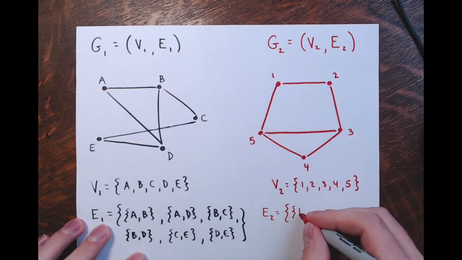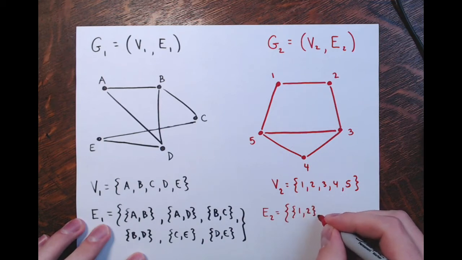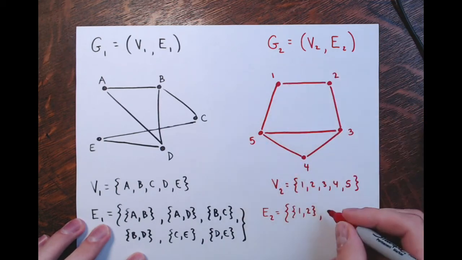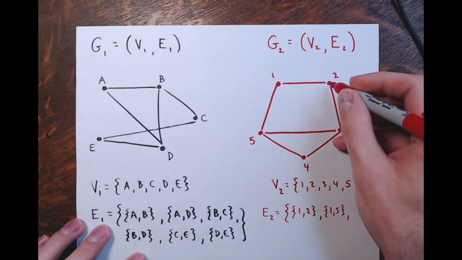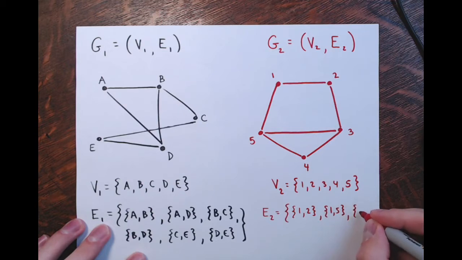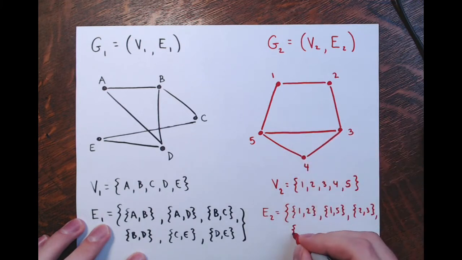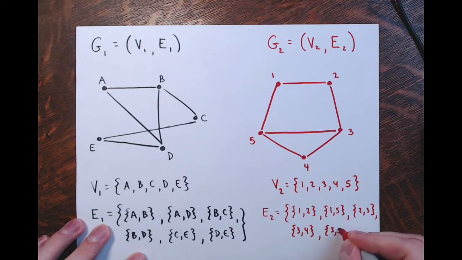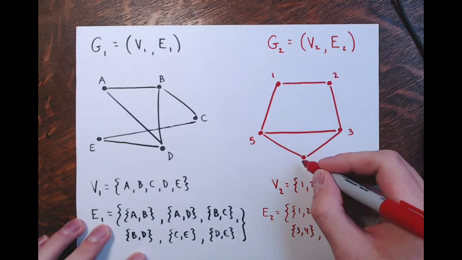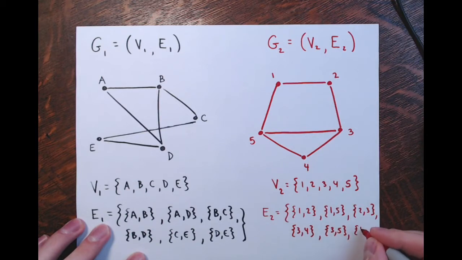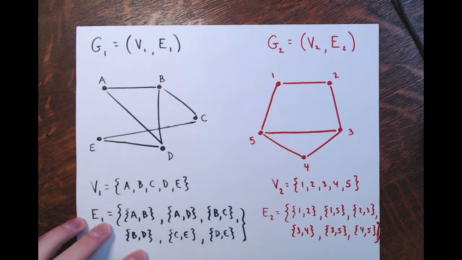We've got 1 to 2, 1 to 5, and 2 to 1 I have, 2 to 3, 3 to 2 I have, 3 to 4, 3 to 5. And finally 4 to 5. Okay, so there's now the edge set.